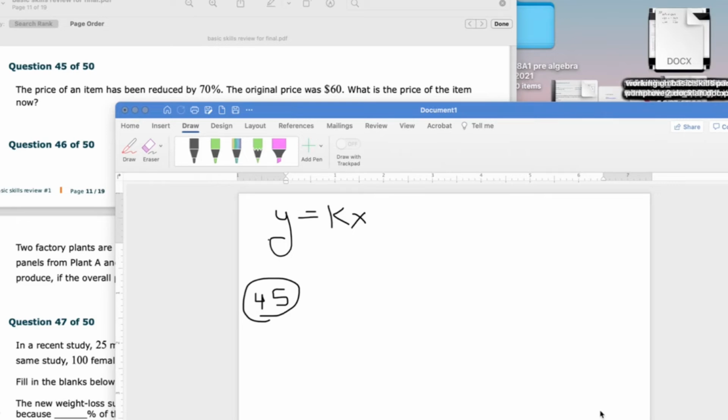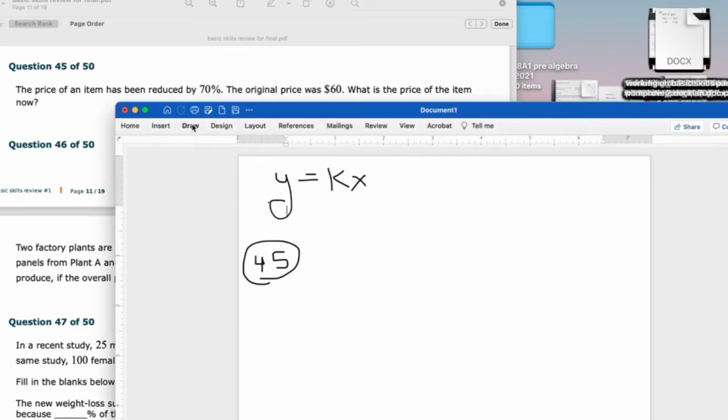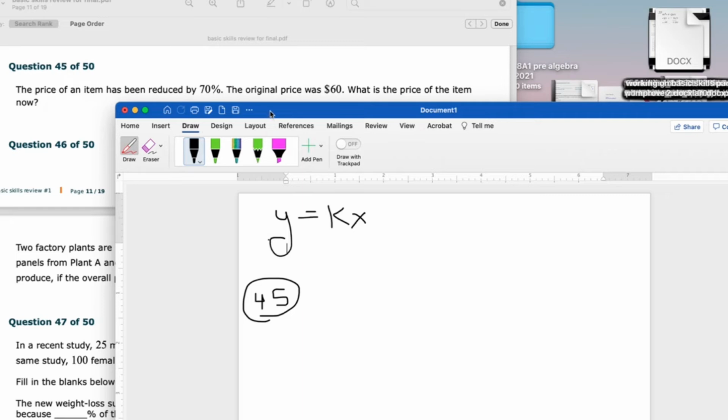Okay, so question number 45 is the price of an item has been reduced by 70%. The original price was $60. What is the price of the item now? So let's think about this. The $60 is the 100%. It is the original price.